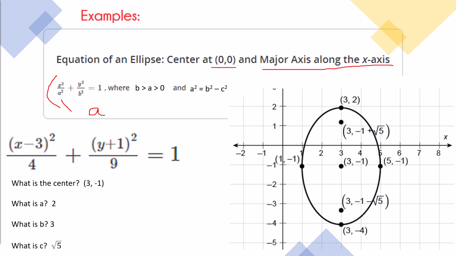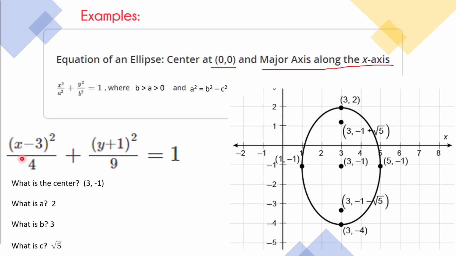So a squared is greater than b squared, always for an ellipse. Now, this is not the equation that you see below. This is just the standard equation of an ellipse. Where we get that minus 3 that you see down here is when we move the center from the origin to 3, negative 1.